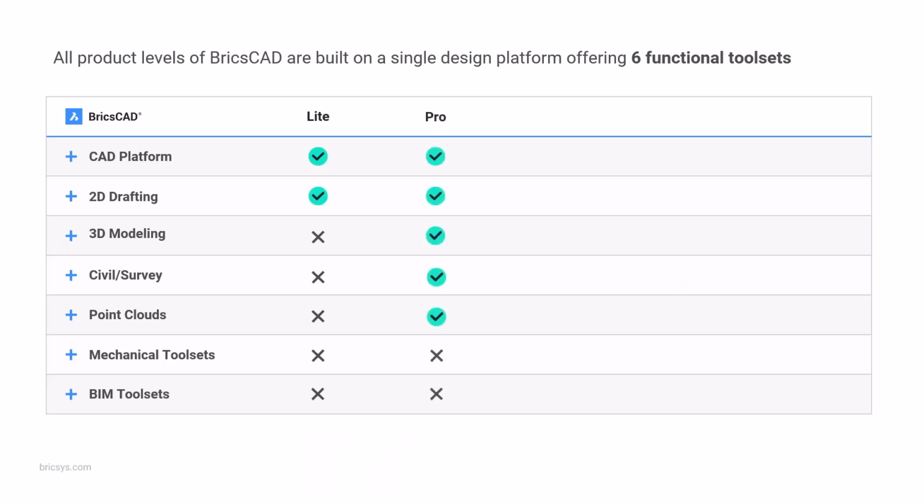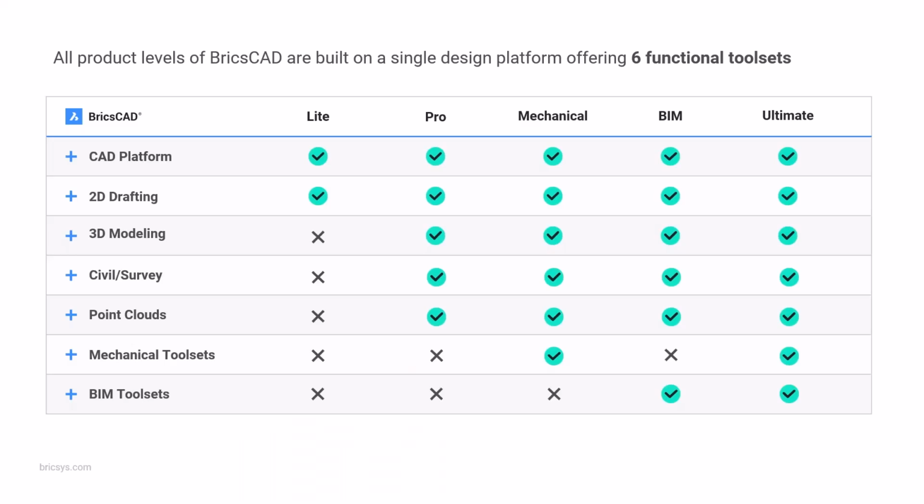Pro, that includes everything in Lite and adds 3D modeling. It also adds third-party application support, civil survey tool set, and point clouds. The mechanical has everything that Lite and Pro have and adds the mechanical tool sets. BIM, similar to mechanical, but it has the BIM tool sets, not the mechanical. And if you want everything, that is Ultimate.